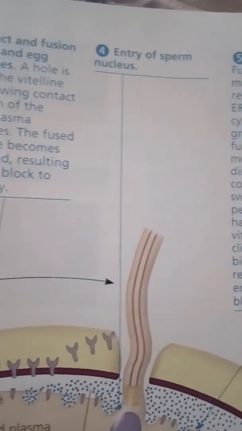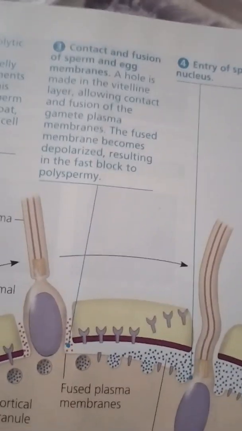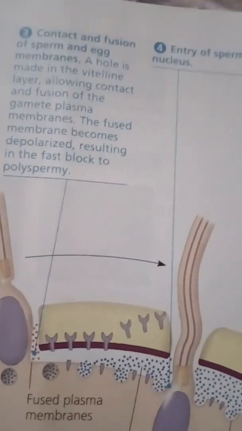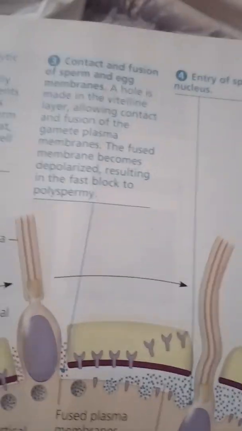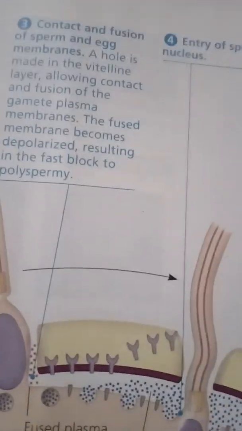Depolarization prevents additional sperm cells from fusing with the egg's plasma membrane. Without this fast block to polyspermy, multiple sperm could fertilize the egg, resulting in an abnormal number of chromosomes in the zygote.